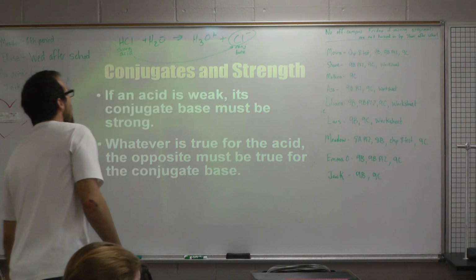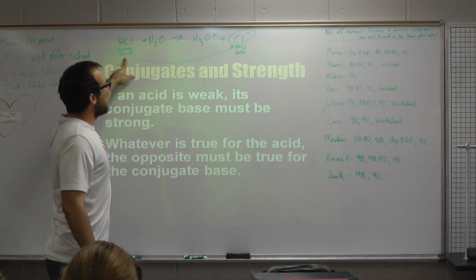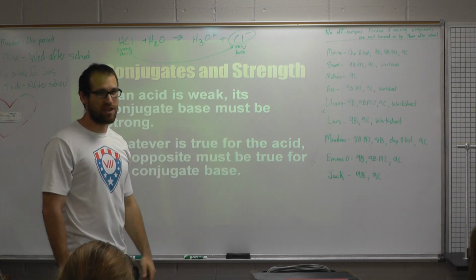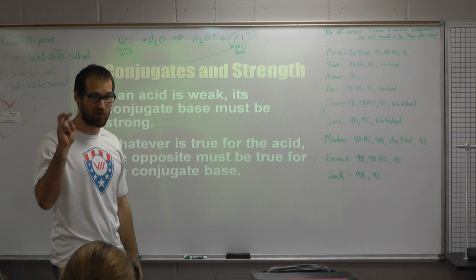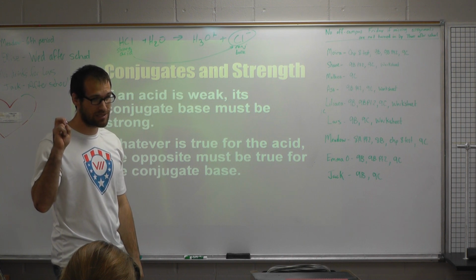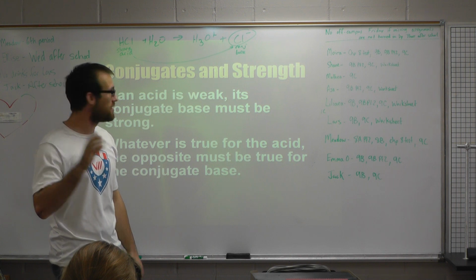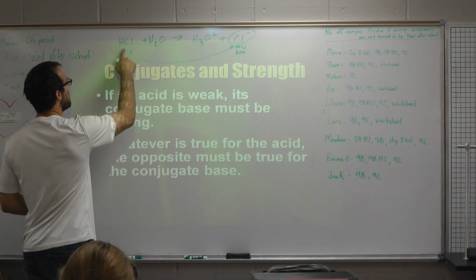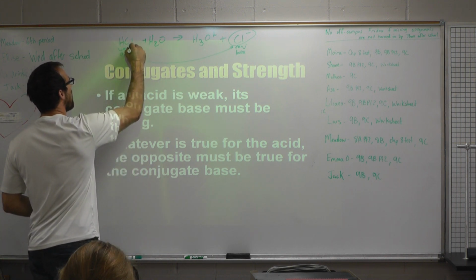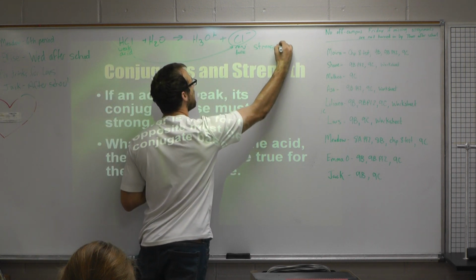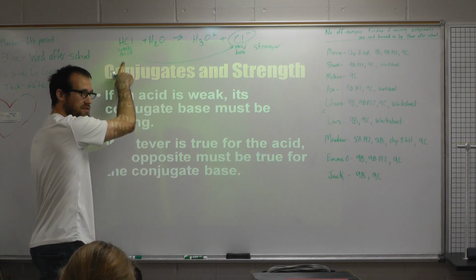Now, if I had a weak acid, its conjugate base would be a stronger base, but I still wouldn't necessarily classify it as a strong base. Be a little careful saying that. If I say that this is a weak acid, what we're saying is its conjugate base is stronger than this acid is.